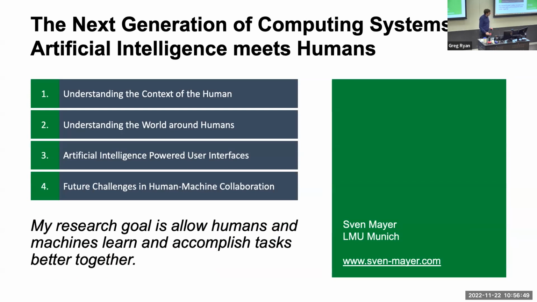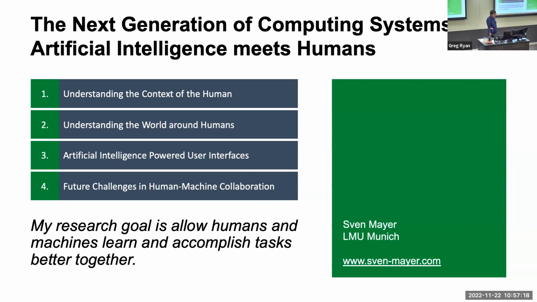And with this, I would also like to conclude how I think the next generation of computing systems could look, and how I believe that artificial intelligence really meets the human, and how we need this dialogue between them. I presented four areas. The first one was that we really need more understanding of the human as more context for the system to make decisions and steer this negotiation process.